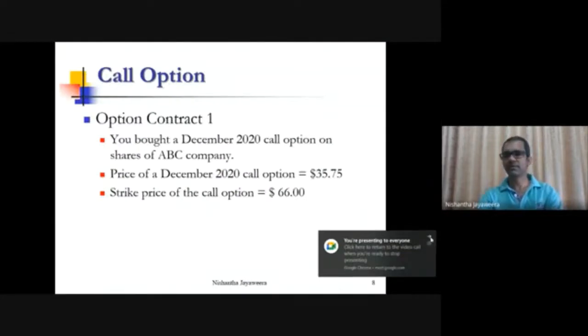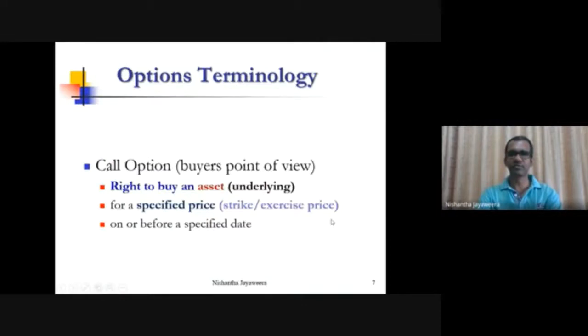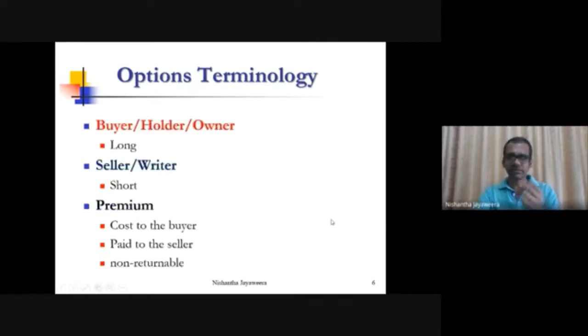Last week we discussed options. What is an option? An option gives a right to the buyer.